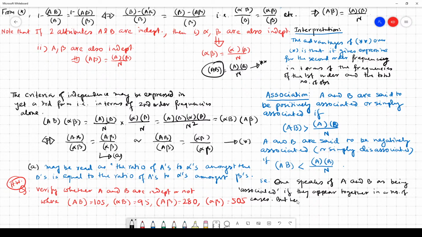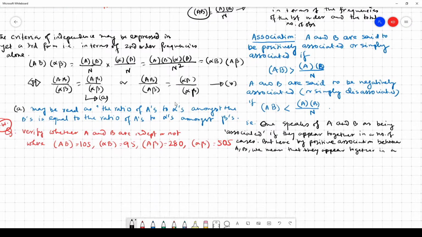But here, by positive association between A and B, we mean that they appear together in a greater number of cases than is to be expected if they are independent.